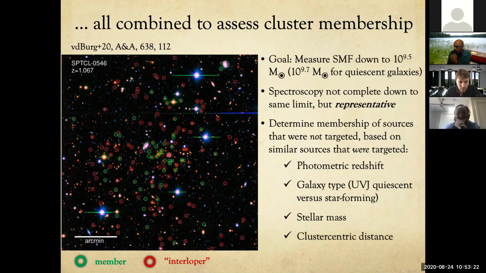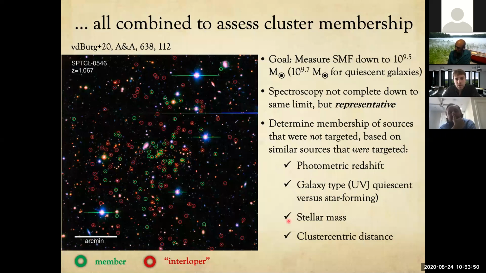So the trick for this paper is then to determine the membership fraction of galaxies that have not been targeted spectroscopically, based on similar galaxies that were targeted. And similar here meaning different criteria. First of all, similar in photometric redshift, so they have to be at the redshift of the cluster. Similar in galaxy type, because especially for star-forming and quiescent galaxies, this is very different.